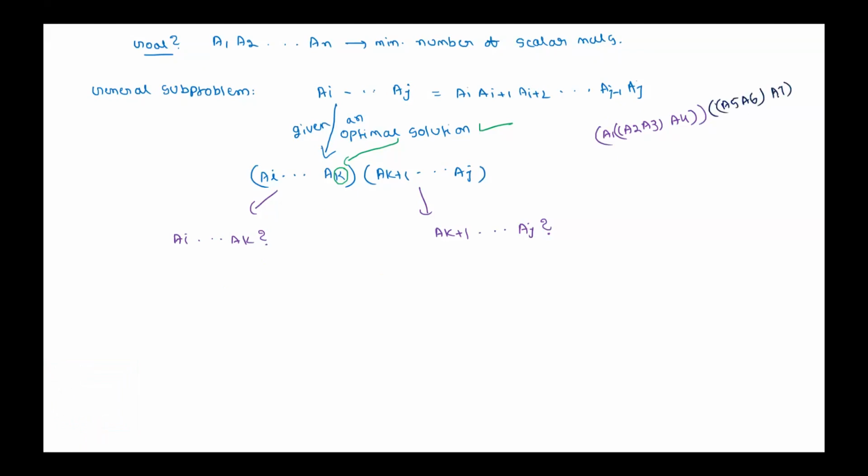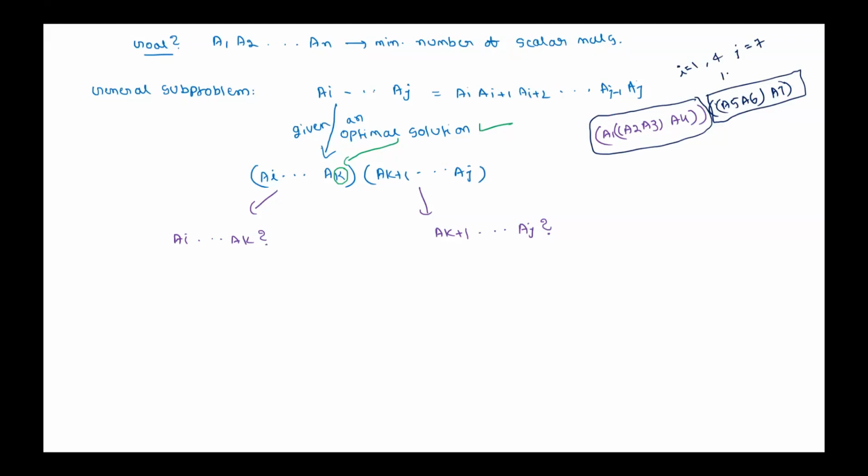That result they are multiplying with A7. Okay. Now we have two groups. This is one part, this is some other part. Say our I equals 1 and J equals 7.